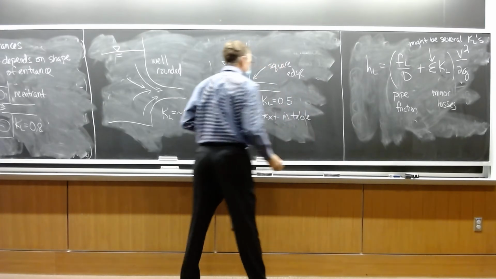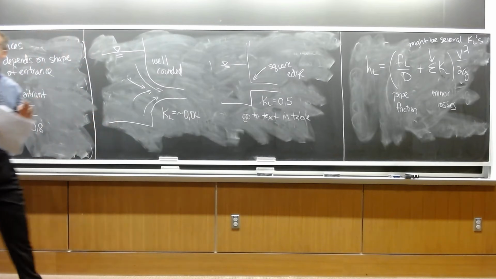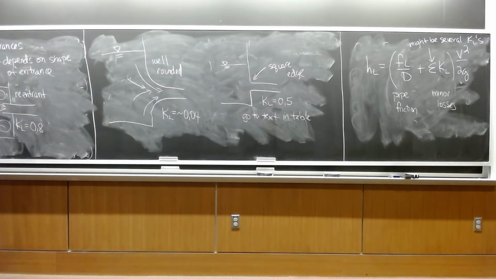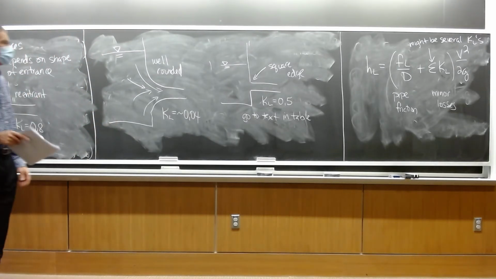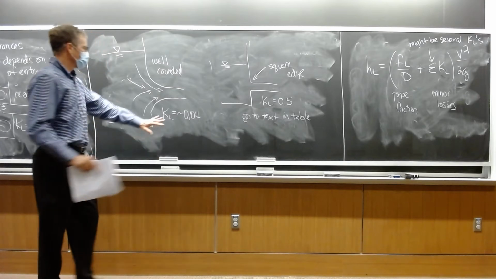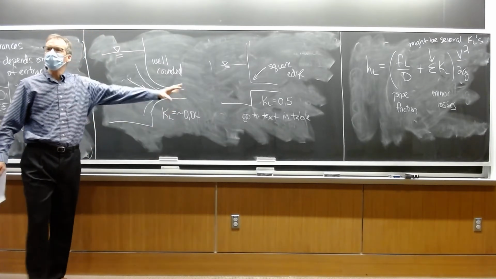And there's a table of values with figures associated with them to give you more possibilities. So the K's can be sort of low, medium, and high.